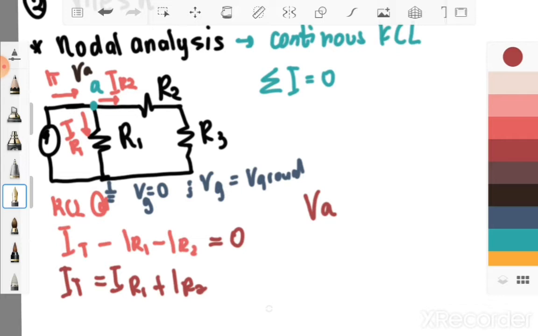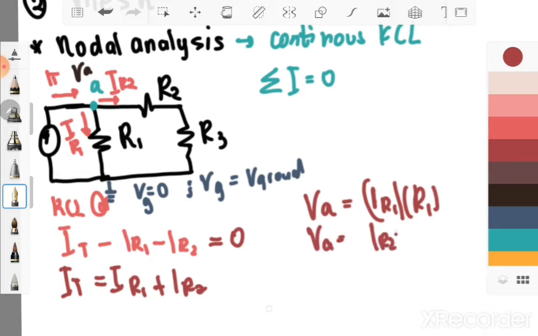Using your Ohm's law, I may say that my VA is equal to I R1 multiplied by my R1. Also, since the series combination of R2 and R3 is in parallel with my R1, I may say that my VA is also equal to I R2 multiplied by R1 plus R2 plus R3, right?